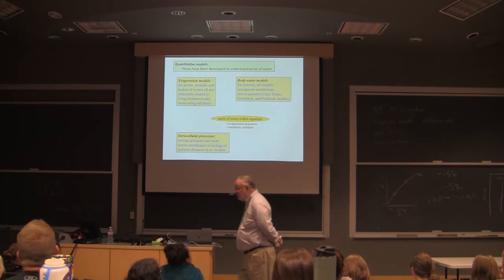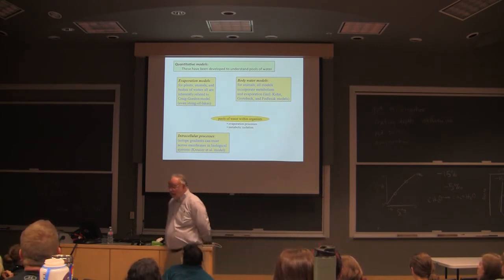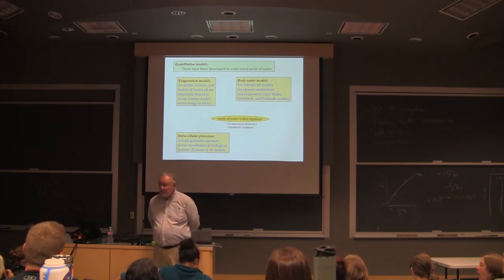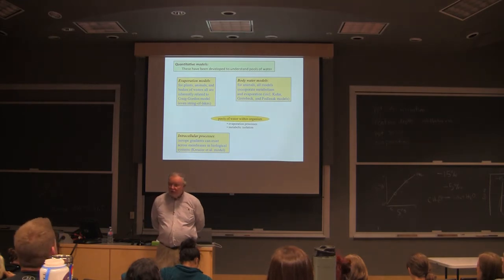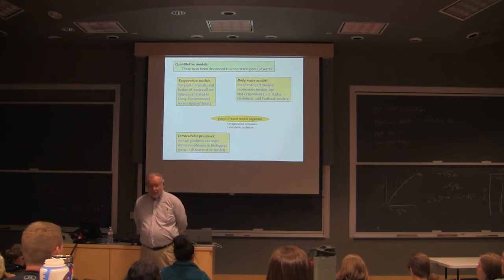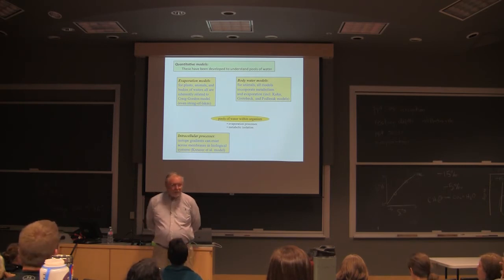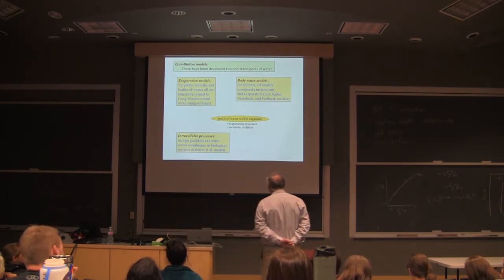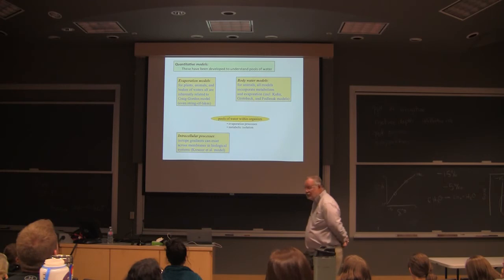So I can predict what the isotopic composition of a butterfly is going to be over time. I can predict what the isotopic composition of a spider will be, of a human, of a cell. And if I recognize that metabolism is an important part, then I might actually be able to use that as a piece of information. So, for plants, we have evaporation models.